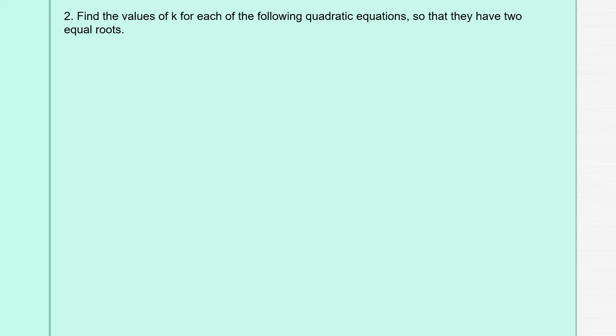Now, moving on to the second question. Find the values of k for each of the following quadratic equations so that they have two equal roots. Now, here it is given that roots are equal and the equation is 2x square plus kx plus 3 is equal to 0.